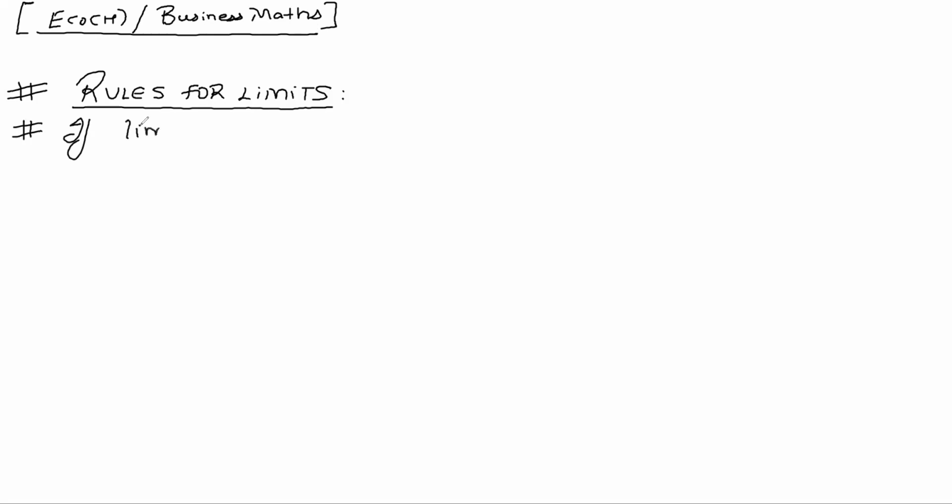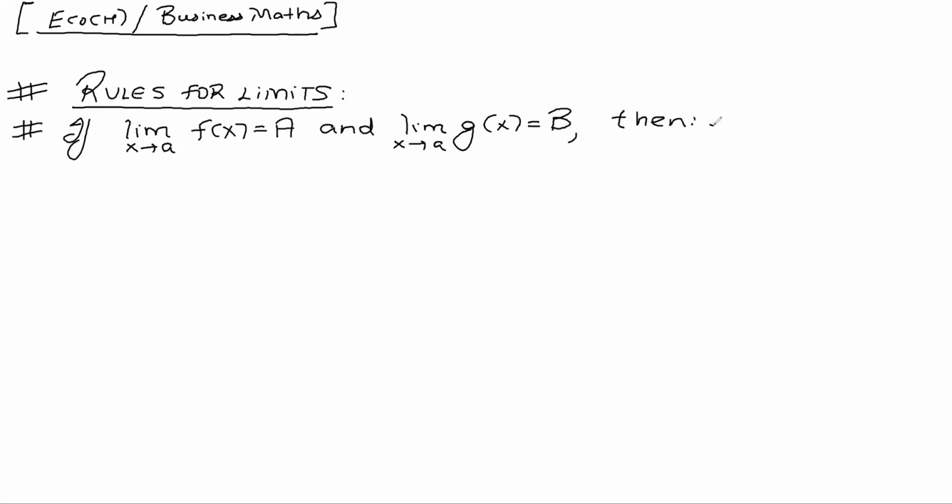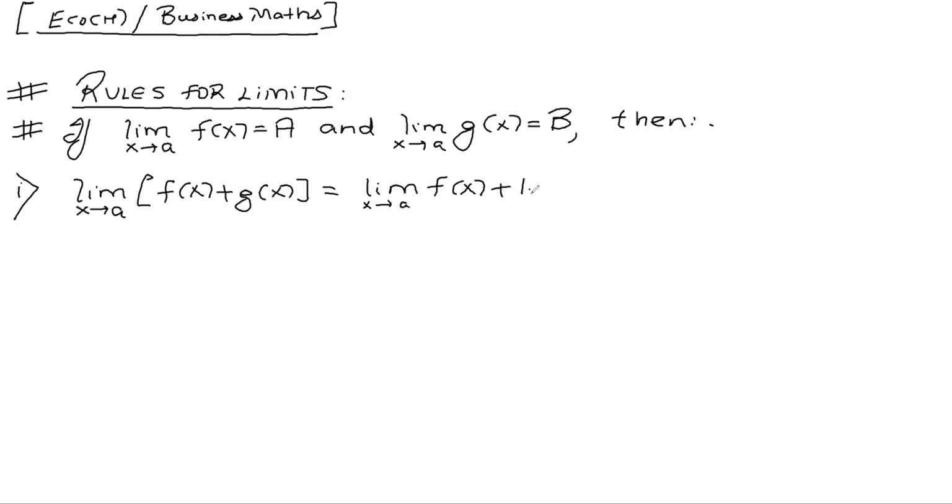If limit as x tends to a, f of x is equal to capital A, and limit as x tends to a, g of x is equal to capital B, then rule number 1: limit as x tends to a, f of x plus g of x will be limit as x tends to a, f of x plus limit as x tends to a, g of x, which is nothing but A plus B.